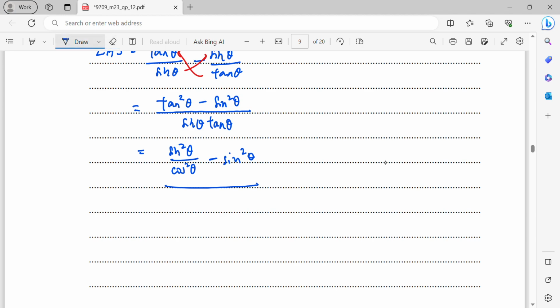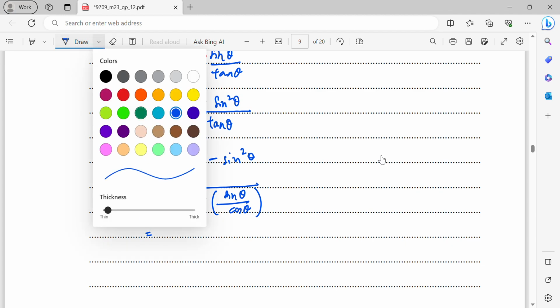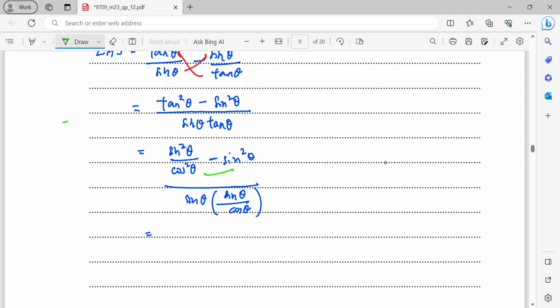So here sine theta times tangent theta. Right? So now for the numerator, I will get the same denominator first. Means that here I times cos squared theta over cos squared theta, because I need to simplify.